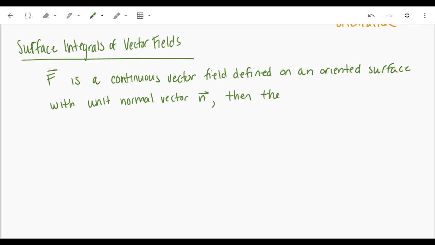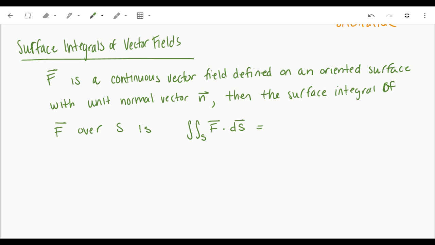Then the surface integral of F over S is this, which can also be written as this.